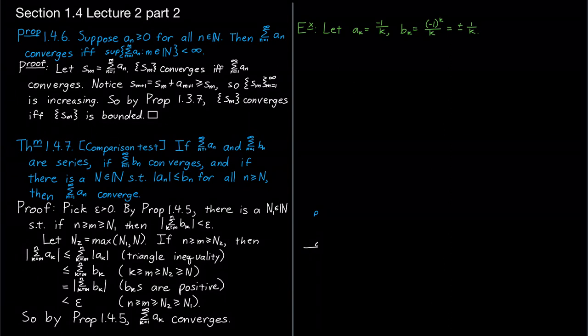AK is the negative of the harmonic series, so the series of AKs diverges. And we saw the BKs before. This is the alternating harmonic series, so this thing converges.